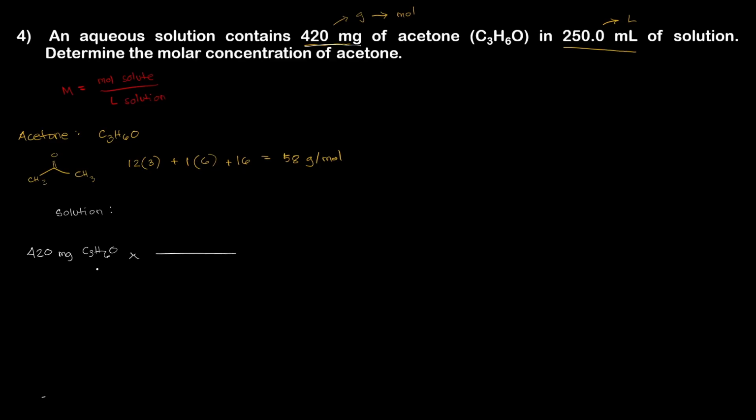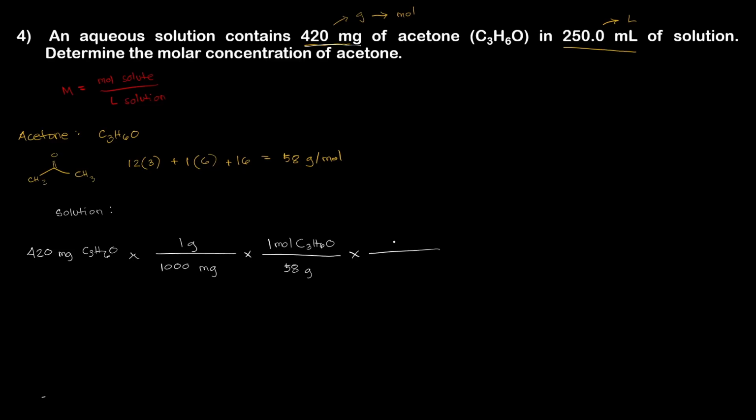We know that 1000 milligrams is 1 gram. Okay, and we know based on what we found in its molar mass, 1 mole of acetone is 58 grams. Now we get the mole of the solute.